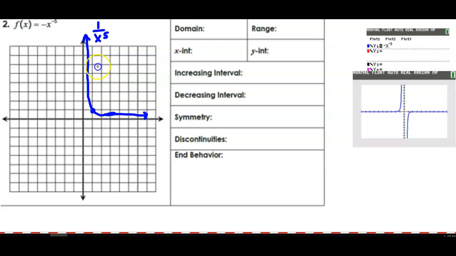And I totally did that wrong because there was a negative out in front of it all. So all my values should have been negative when I put those in. That's what I get for not looking over there. So when I put in a 1, I get out a -1. If I put in a 2, I get out like 1/32.